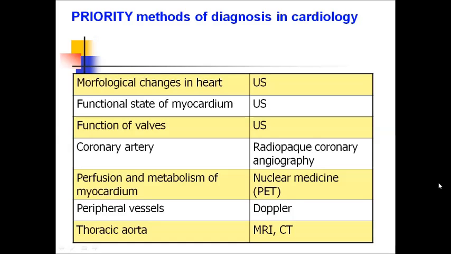You see that most problems may be solved with the help of ultrasound, which shows morphological changes in the heart, functional state of myocardium, function of valves, and presence or absence of regurgitation, for example, pathology of mitral and aortic valves, and so on, and ejection fraction.